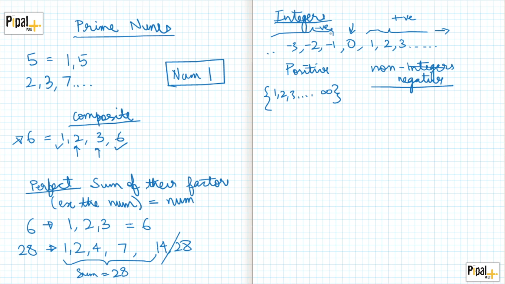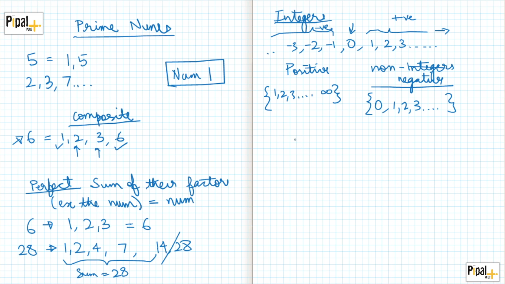You notice that if of all the integers I exclude the negative integers, I'm left with all the positive integers and 0, right? So the difference between positive and non-negative is that non-negative will have 0 also, okay?